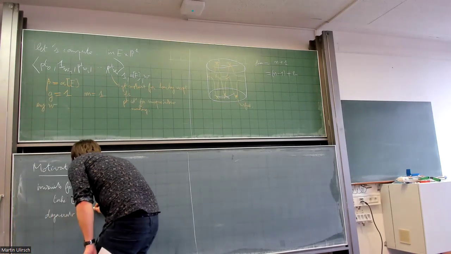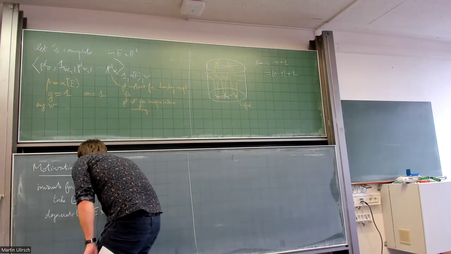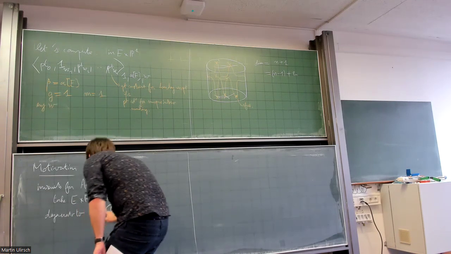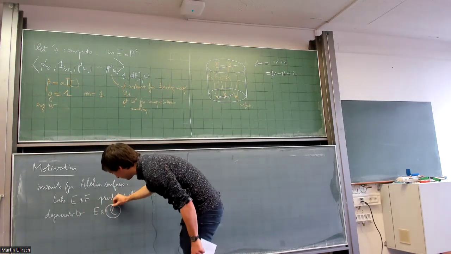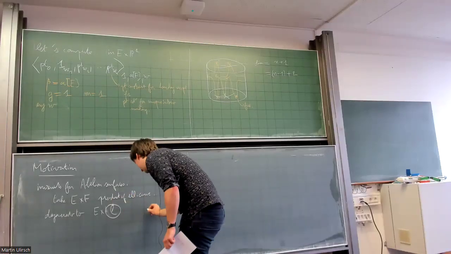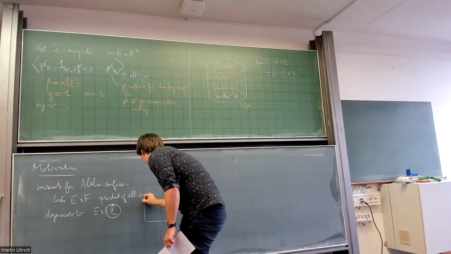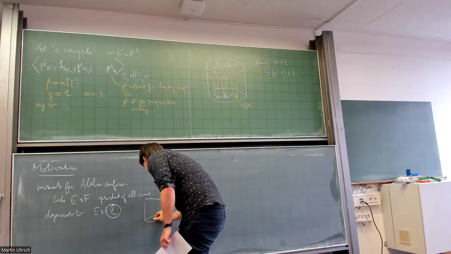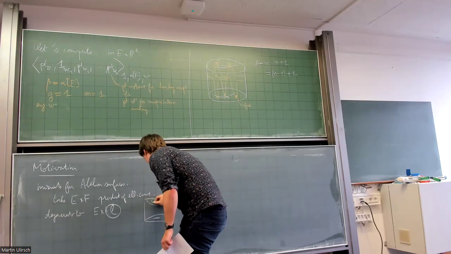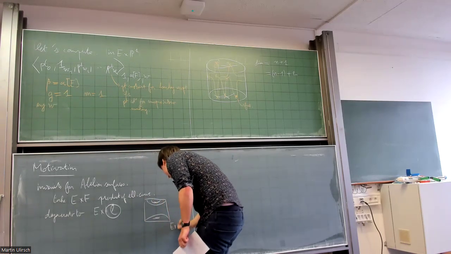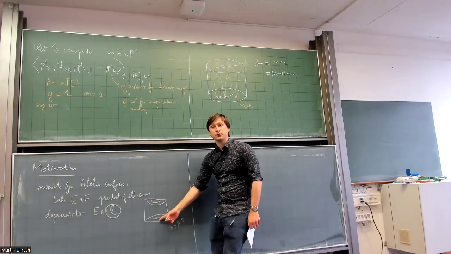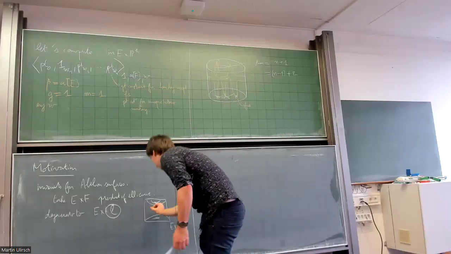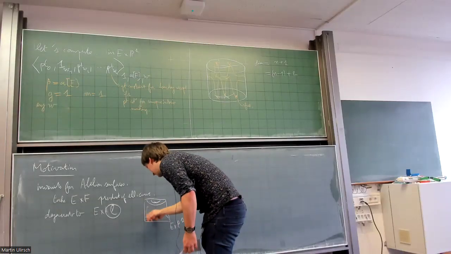To degenerate F to a nodal elliptic curve, which is basically then E cross P1. And then you identify both divisors.